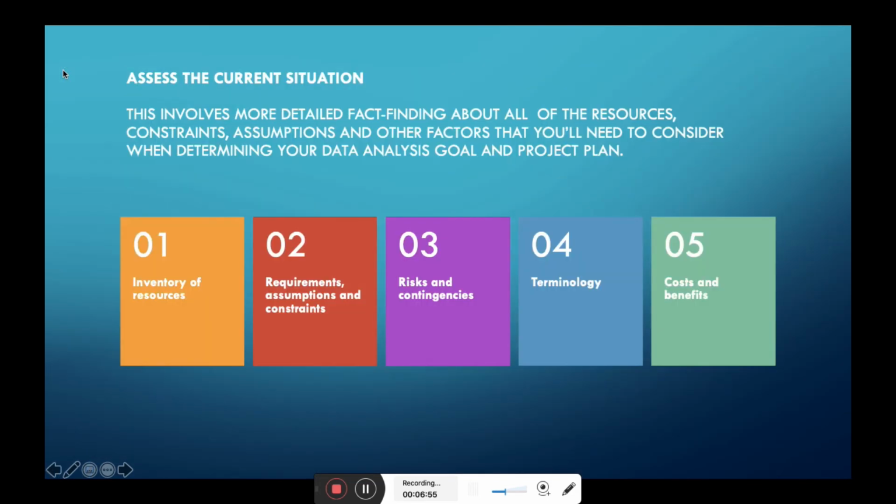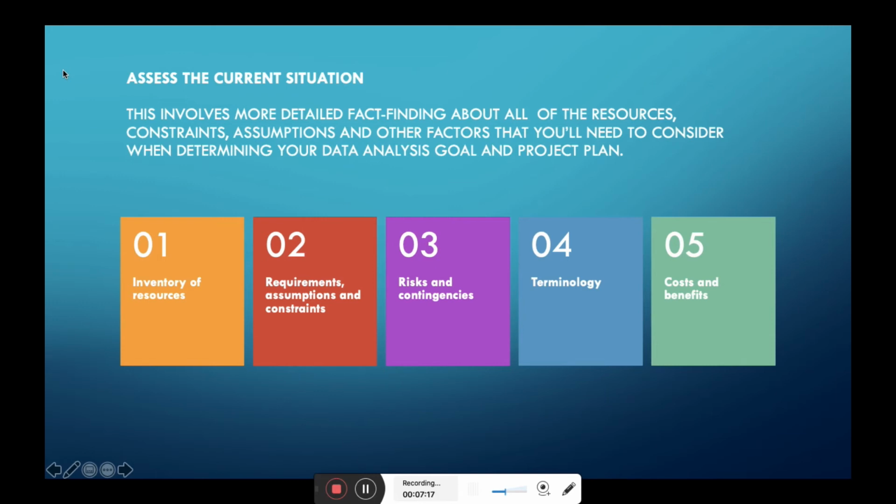Moving on to the next stage, you need to assess the current situation. This involves more detailed fact-finding about all the resources, constraints, assumptions, and other factors that you will need to consider when determining your data analysis goal and project plan.